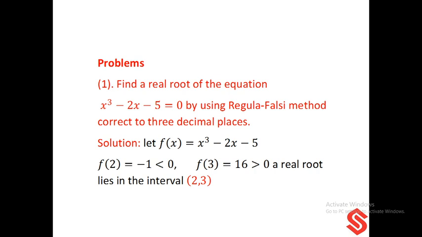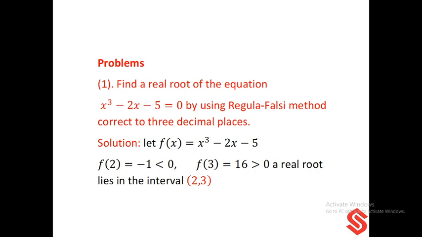So first let us consider the given function f of x is equal to x cube minus 2x minus 5, and we substitute the values of x like 0, 1, 2, 3, etc., and we consider only those two consecutive numbers for which the function f of x gives the opposite sign. So after substituting x is equal to 0, 1, 2, 3, etc., we get f of 2 is equal to minus 1, that is negative, and f of 3 is equal to 16, which is positive.